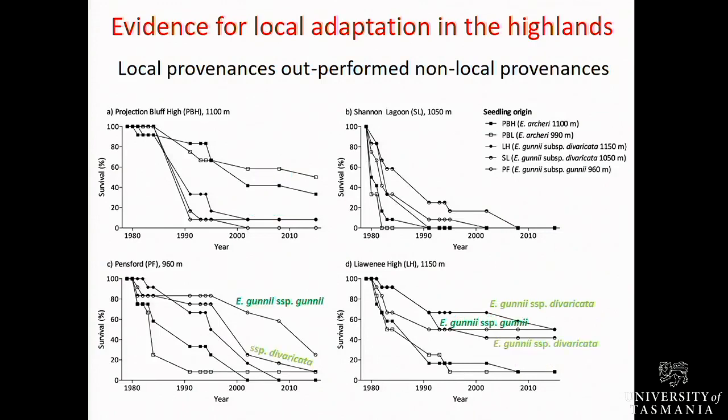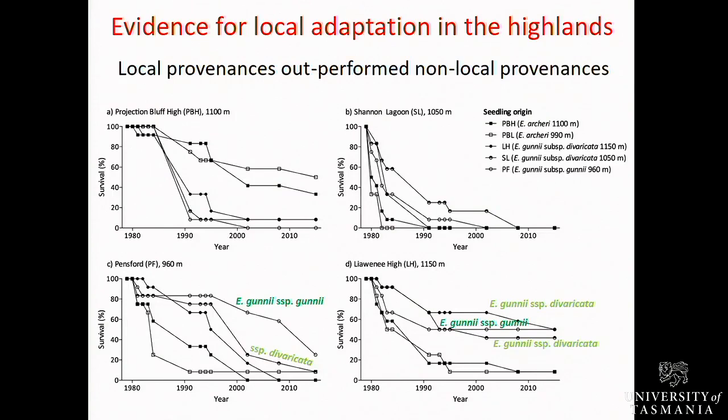When we look at the cline that links Gunnii subspecies Gunnii with subspecies Divaricata, it seems that it's asymmetrical in this case. So at Pensford, where subspecies Gunnii is local, this subspecies outperforms the Divaricata, but I mean it has died off, it died later. But at the other end of that cline, at the top of that cline, the cooler site, the provenances are doing about as well as each other.